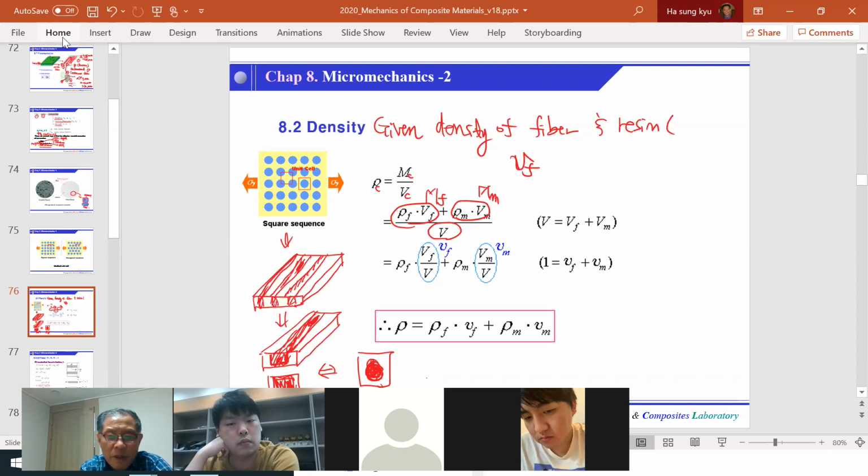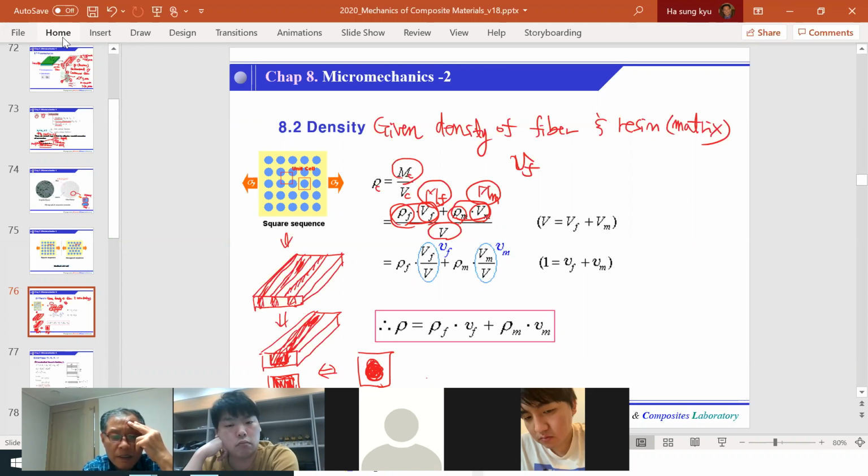We often call it matrix instead of resin. So the composite mass will be a sum of the mass of the fiber and the mass of the matrix, and the mass of the fiber will be just density times the volume, and the mass of the matrix will be density times the volume, divided by total volume.